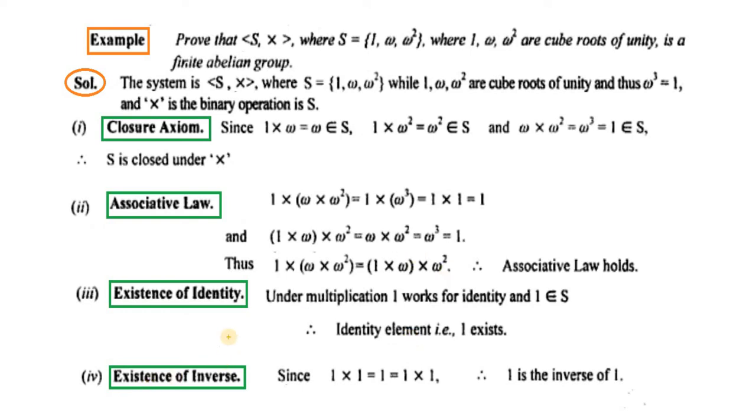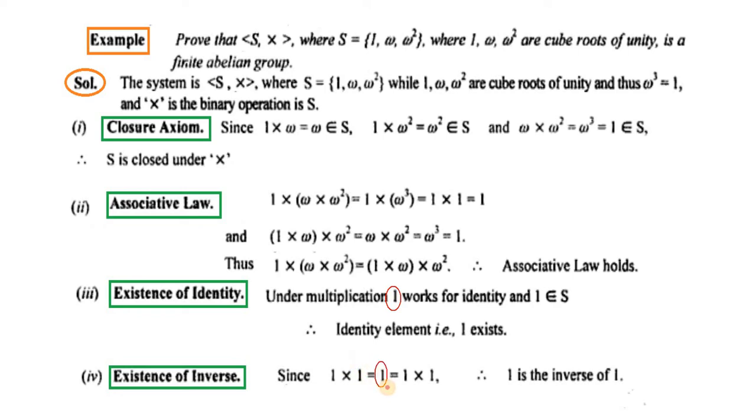Now we check existence of inverse. If we take any two elements from this set, the product is 1, and this one is our multiplicative identity. ये 1 हमारा क्या है? This is our multiplicative identity. If we take an element from set S, suppose we take element 1, suppose we check the multiplicative inverse of 1. तो 1 के साथ अगर हम 1 मल्टीप्लाई करें तो हमें आइडेंटिटी 1 मिलता है.